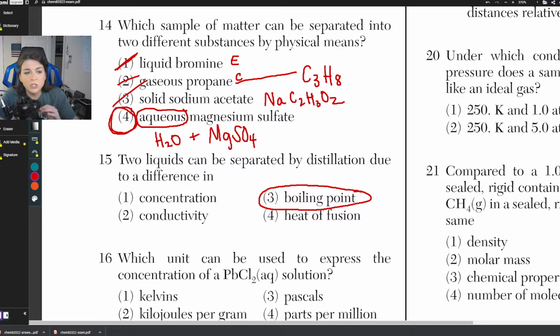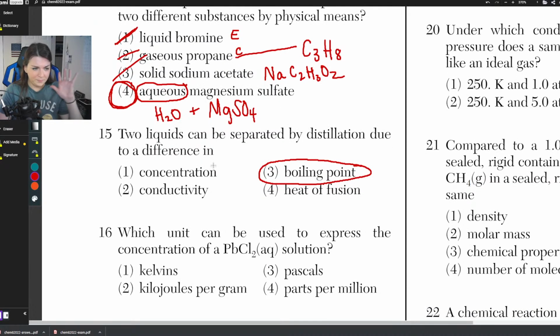And then the heat of fusion is just the amount of energy it takes for a sample to freeze or to melt, which doesn't necessarily separate two liquids. You could freeze or melt to try to separate liquids, but the literal constant won't help you with that. So that was a strange question. I'm just surprised that the other three answer choices weren't actually ways to separate mixtures, but that is that.